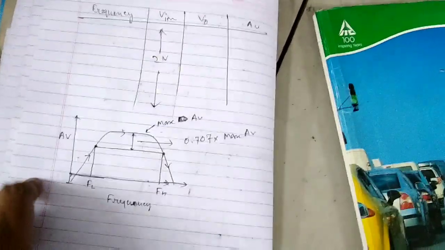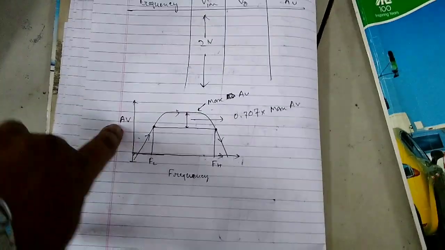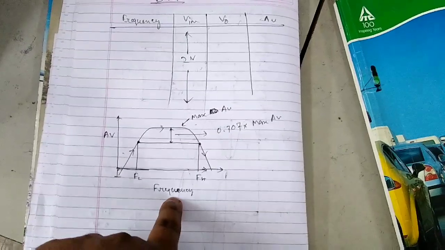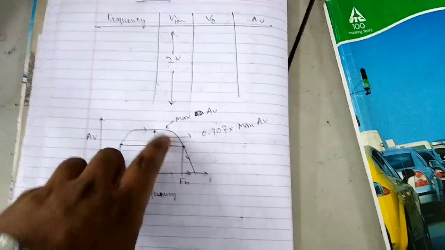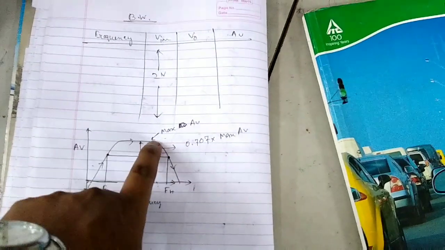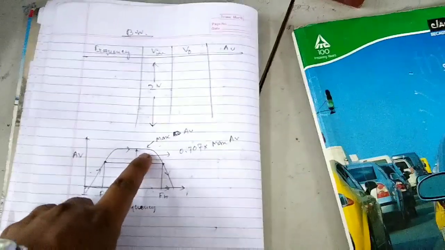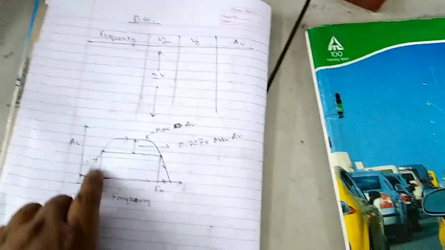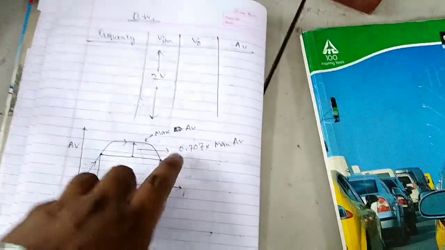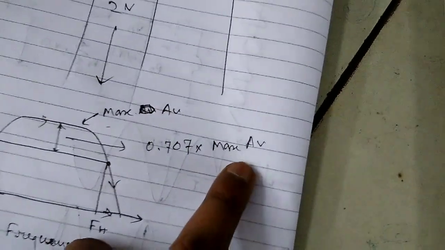To find out the bandwidth we need a graph between our voltage gain and the frequency applied. If this is the maximum AV, we will get a constant value in the mid frequency range. Then you have to multiply 0.707 by the maximum AV.